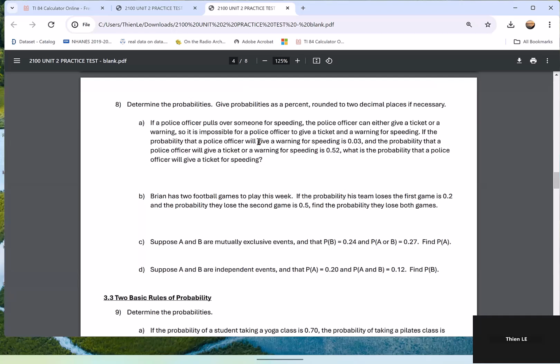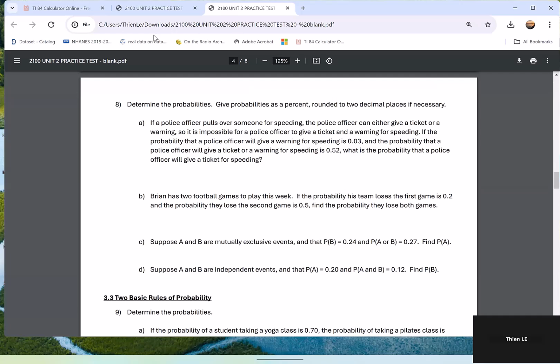Because they are mutually exclusive, you can split that probability into two smaller events: getting a speeding ticket plus getting a warning ticket. The warning ticket is 0.03, so the speeding ticket will be the remaining, which is 0.52 subtract 0.03, giving us 0.49.